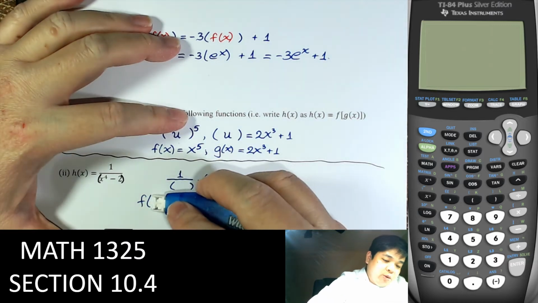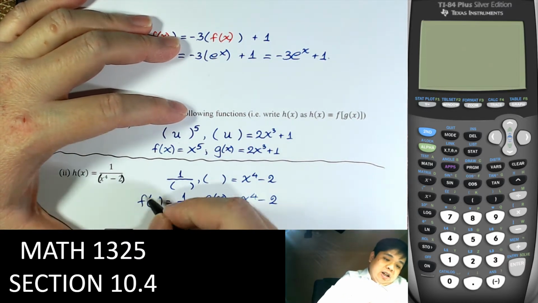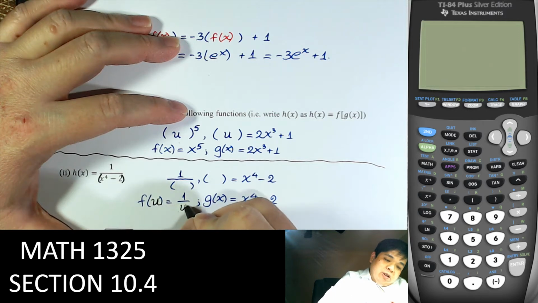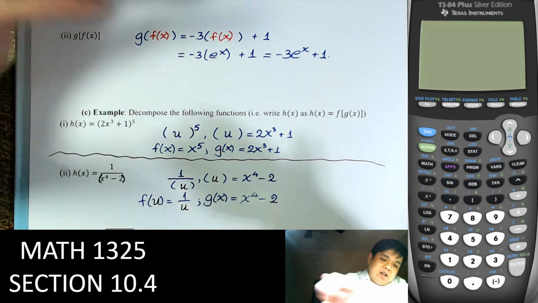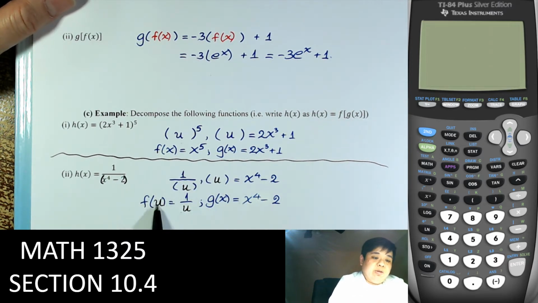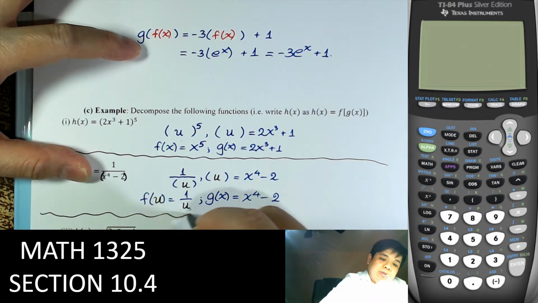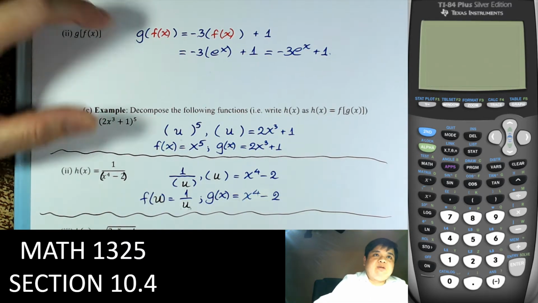If we want to, the variable doesn't really matter, we can just use u as a variable. And that works perfectly. Like I said, the variable here doesn't really matter. The function is whatever we substitute there, same variable. Let's just keep it in that form.